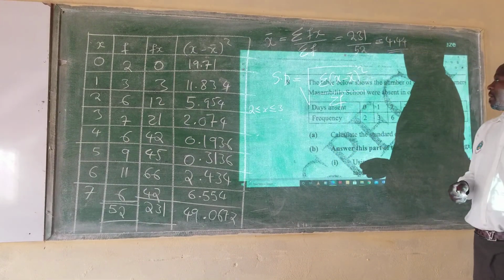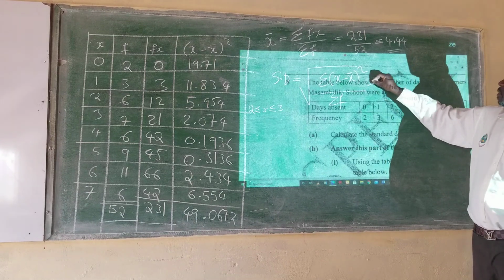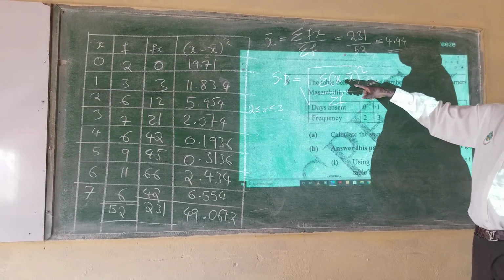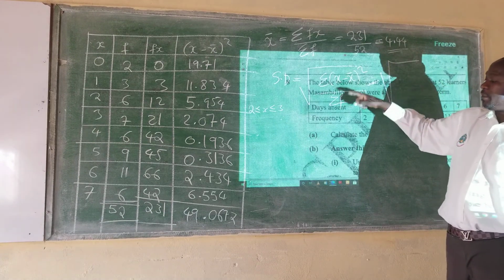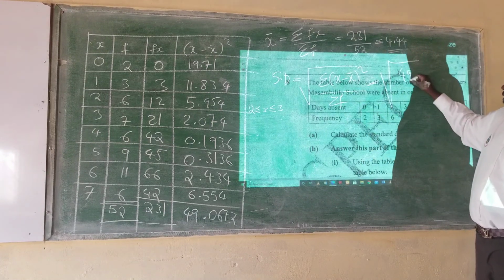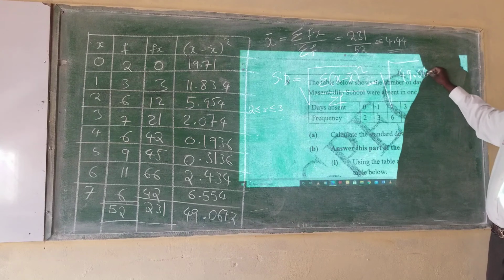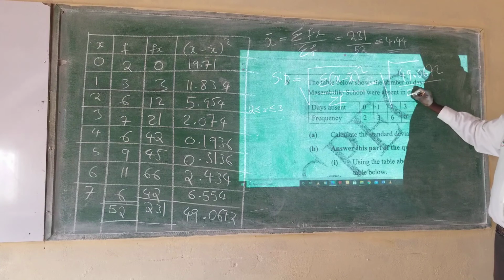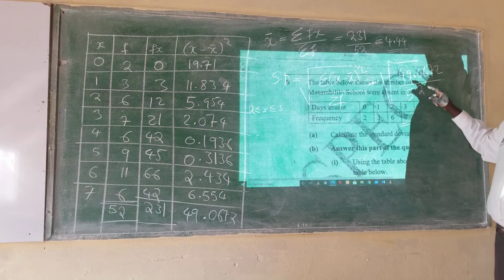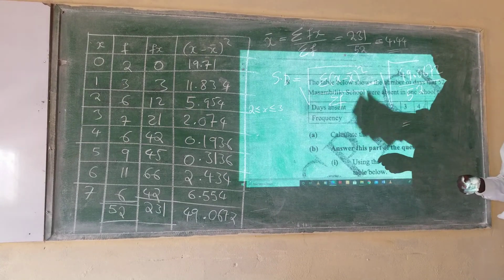The summation of x minus x bar squared, we just found it to be 49.0672, divided by the summation of frequency, which is 52. So we begin by first dividing what we have in the bracket.